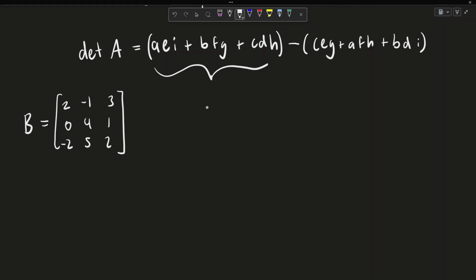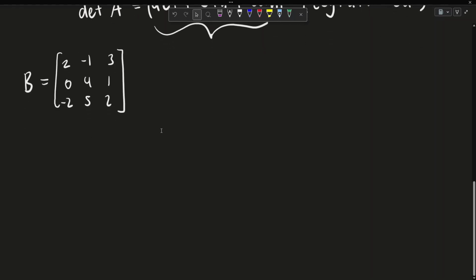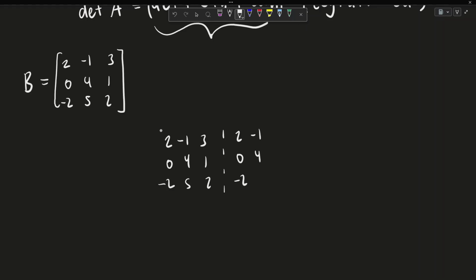Now you could memorize this whole expression, but it's easier and more intuitive in a lot of ways to just draw out the 2 columns. So what we have is 2, negative 1, 3, 0, 4, 1, negative 2, 5, 2, and then our 2 new columns, 2, negative 1, 0, 4, negative 2, 5. And then we can once again draw out our arrows.